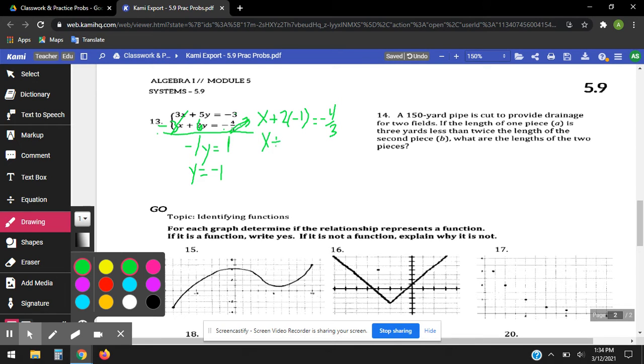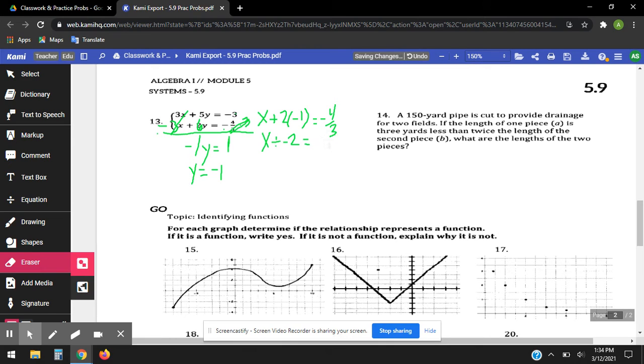x plus negative 2 equals, and I'm actually going to put this as negative 1 1/3 because that'll be easier for me to, you know what? Actually, let's just practice with our improper fractions. Negative 4/3.